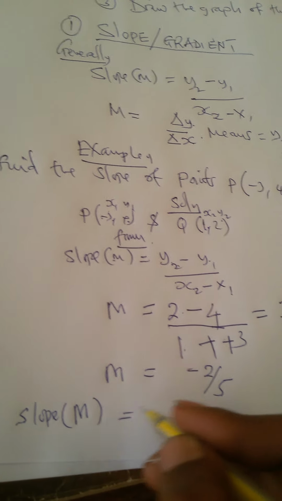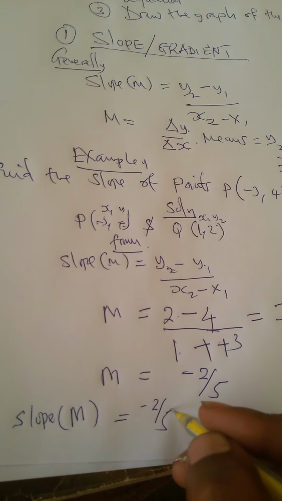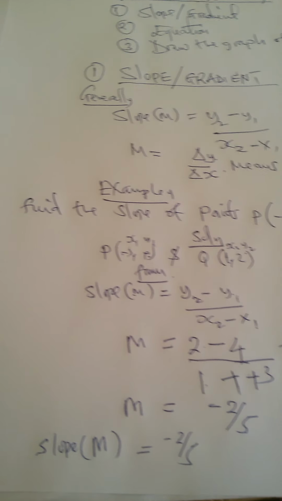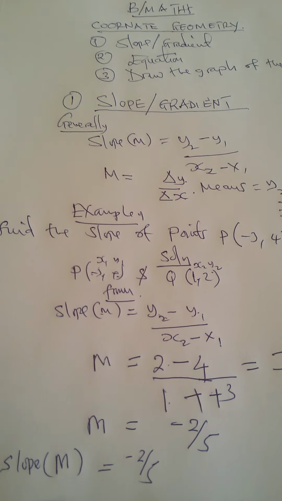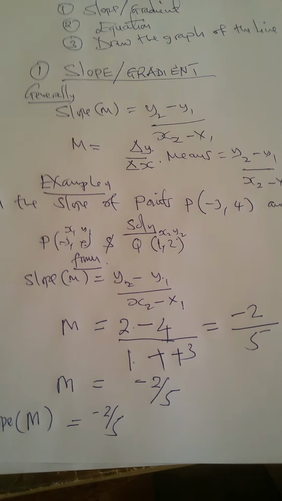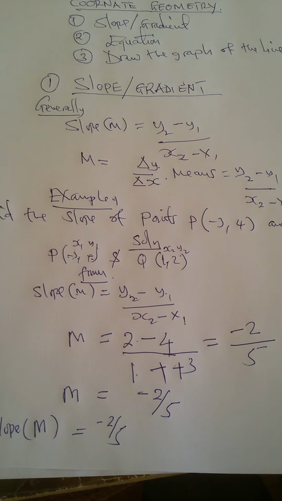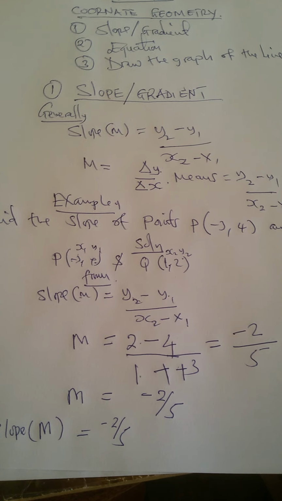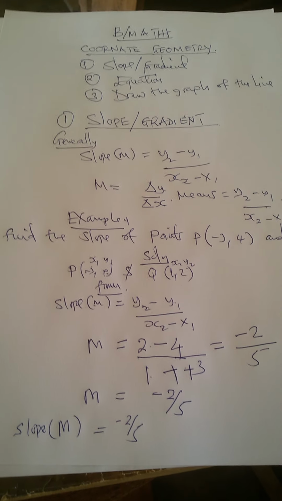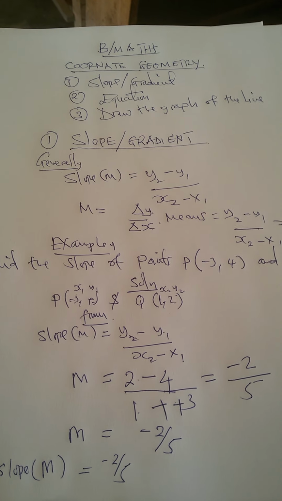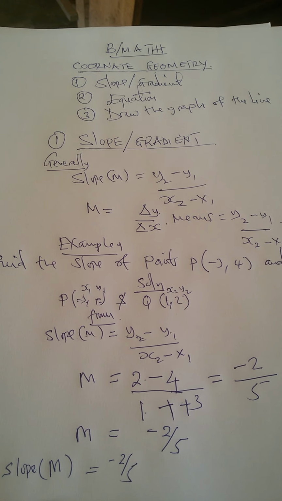So slope is equal to negative 2 over 4. This is the way of finding the slope if you have more than one point. If you're a student, a parent, or a teacher, you can use this way to determine the slope or gradient.